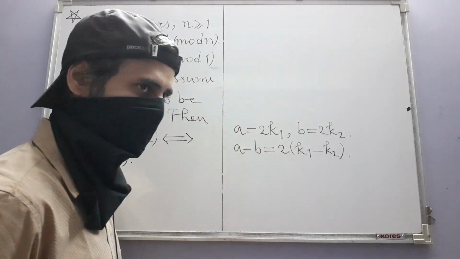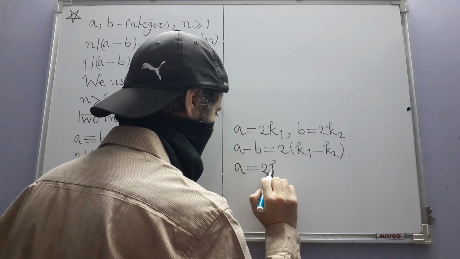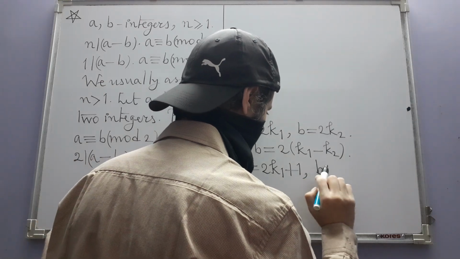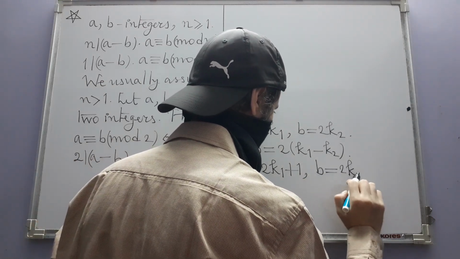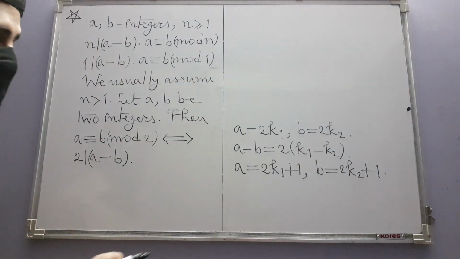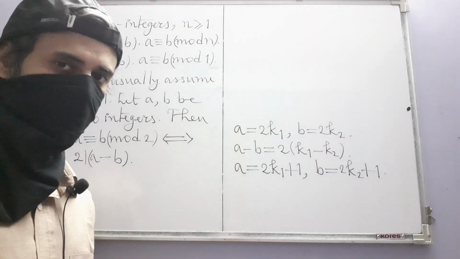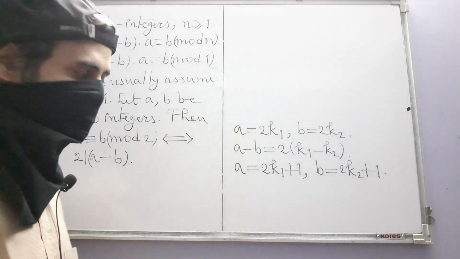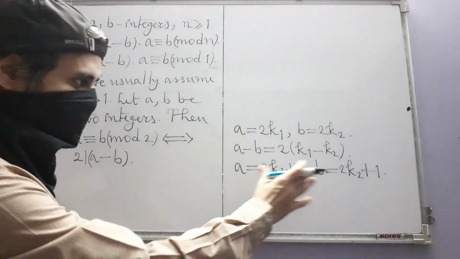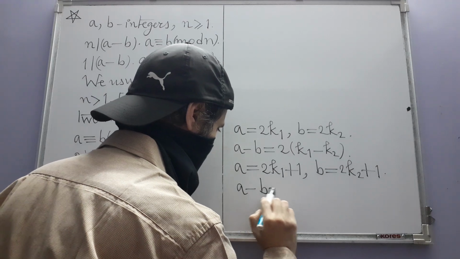However, if both a and b are odd, in that case they have this form, again for some integers k1 and k2. Keep in mind that a and b may be negative. Exactly one of them may also be negative. One of them may be 0 also, because we are not saying that they are positive, they are just some integers, but now they are both odd. Now what happens to a minus b?